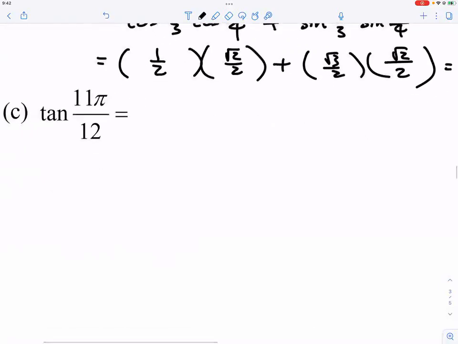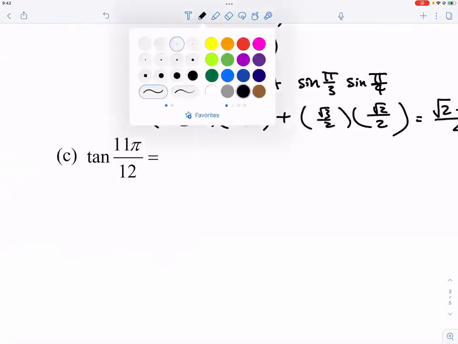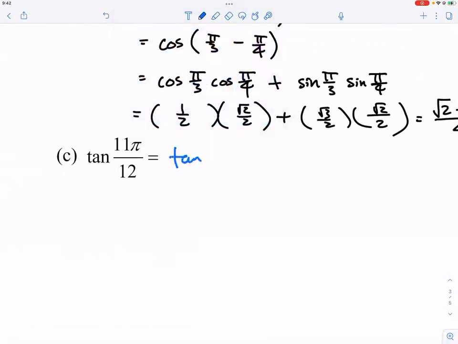So now we're like, okay, so what about this one, tangent? So tangent of 11 pi over 12. So you can think about addition and subtraction, but they must both have 12 in the denominator and some sort of pi in the numerator. So open for suggestion.